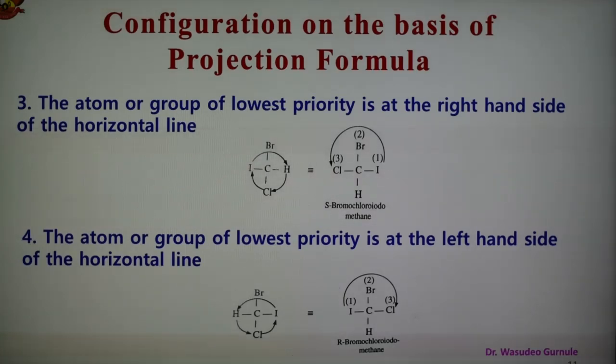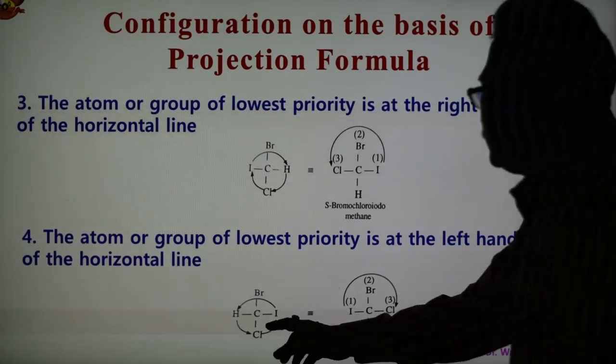In case number 4, the atom or group of atoms of lowest priority is at the left hand side of the horizontal line. So this is the horizontal line and it is on the left side.